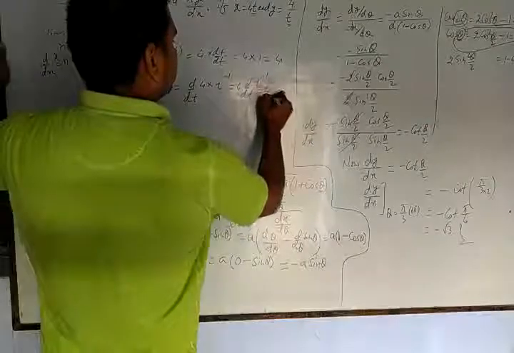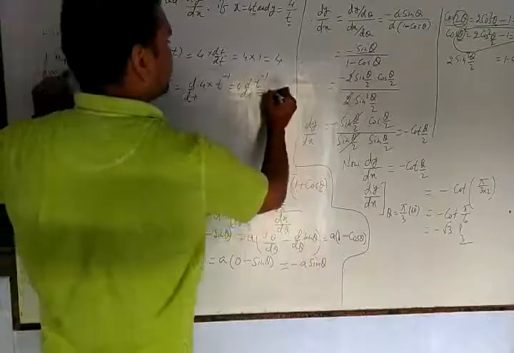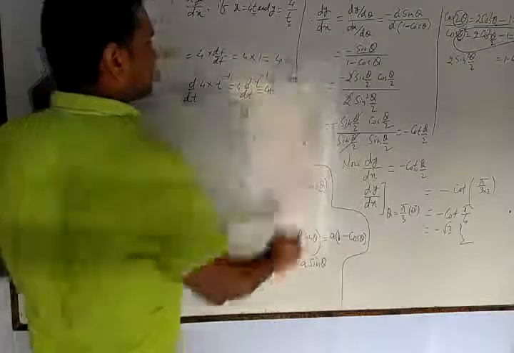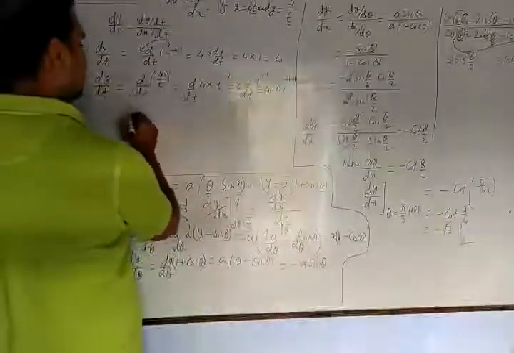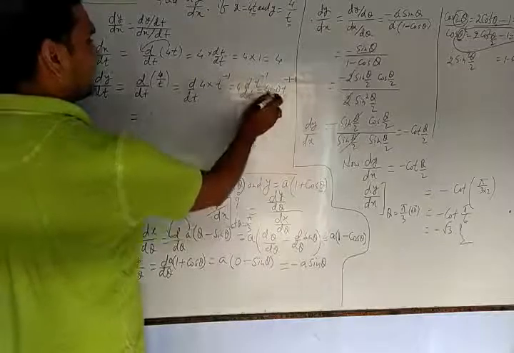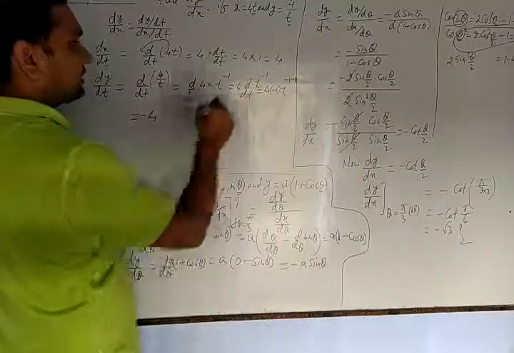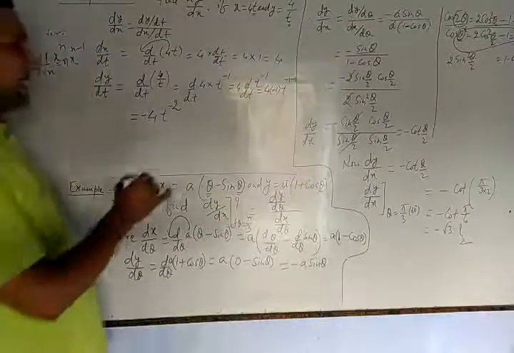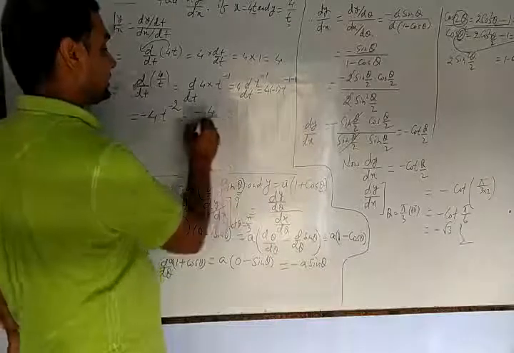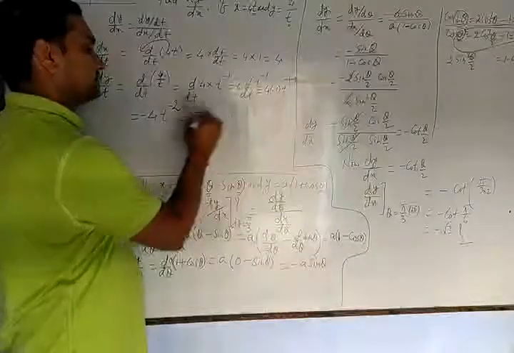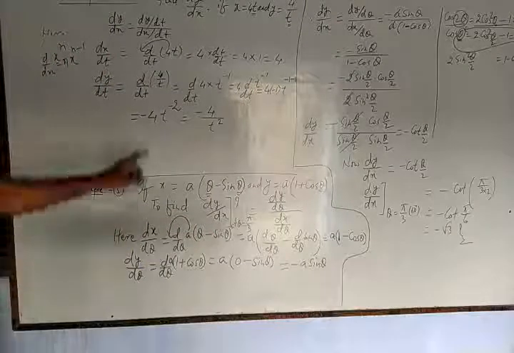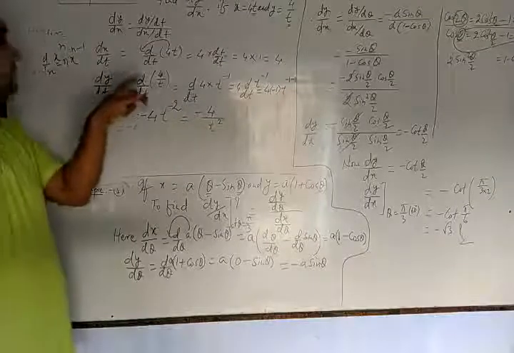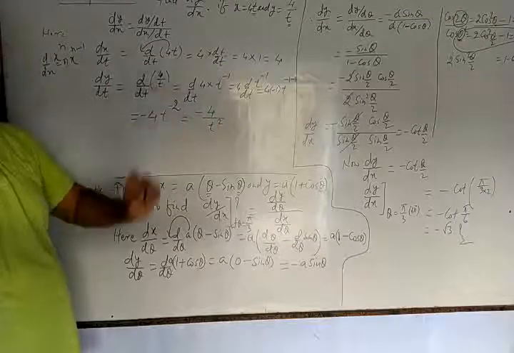That will be 4, n is minus 1 and t to the power n minus 1 means minus 2. So that will be 4 into minus 1 multiplied by t to the power minus 2, so that will give us minus 4 divided by t to the power 2. See, t to the power minus 2 can be written as 1 by t square. So derivative of 4 by t will be minus 4 by t square.